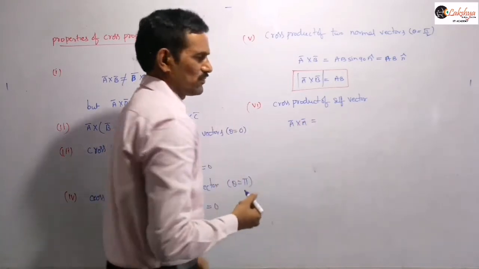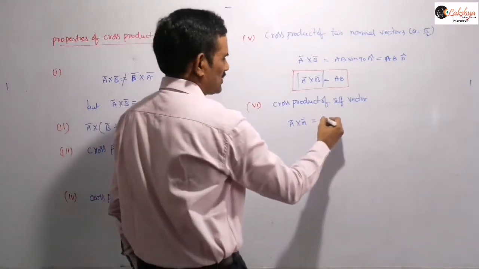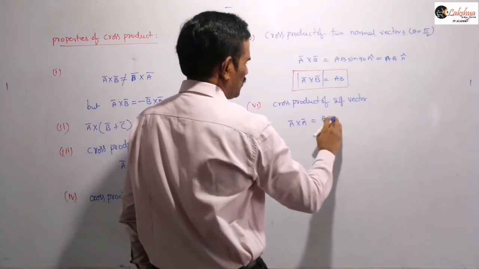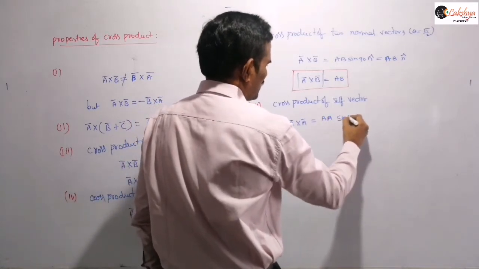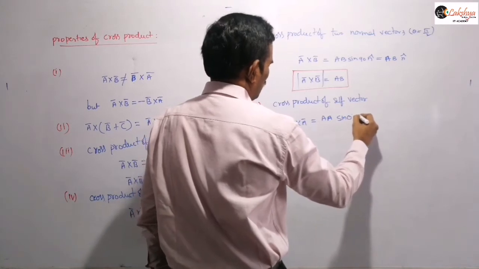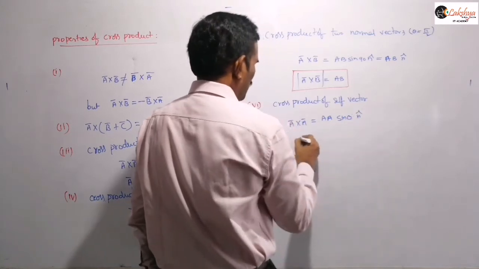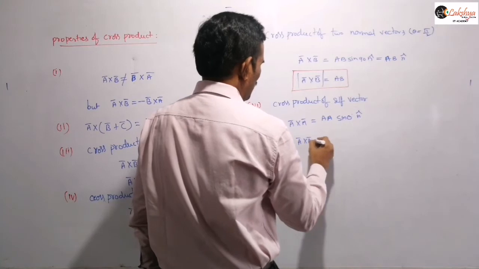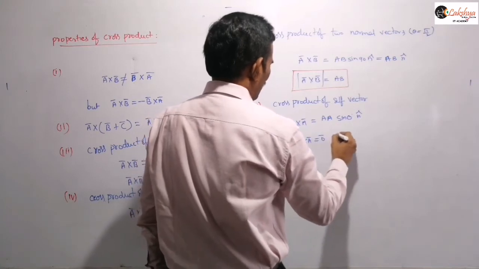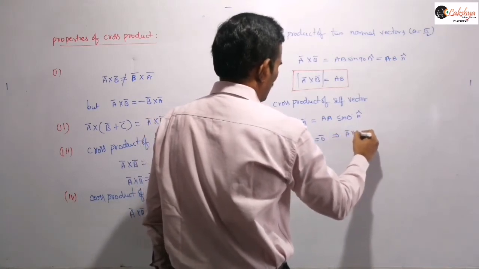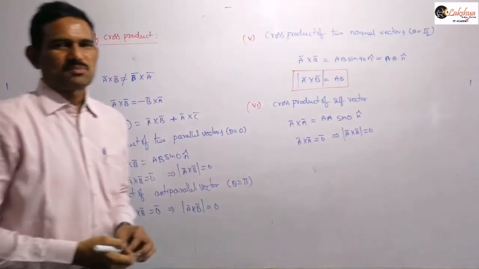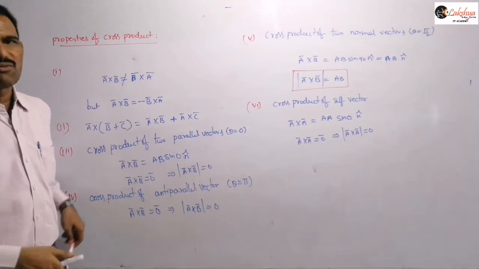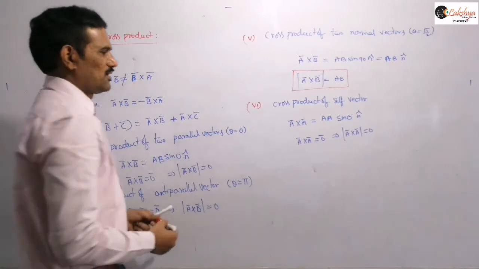According to our definition, this is a into a into sin of the angle between self vector a bar and a bar, which is 0, into n cap. Therefore, a bar cross a bar is 0 bar. Or you can write that the magnitude of a bar cross a bar will be equal to 0. That means the magnitude of the cross product of self vector will be equal to 0, right?